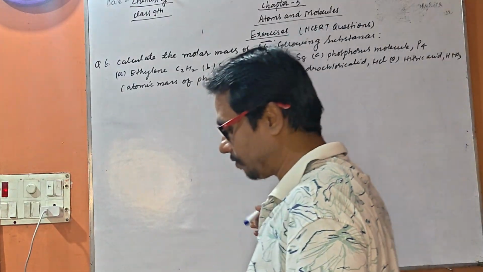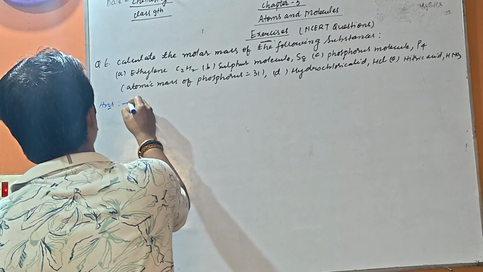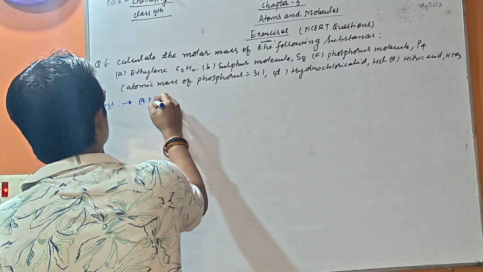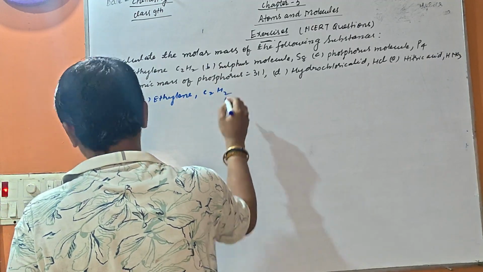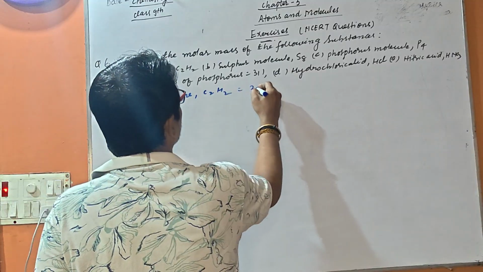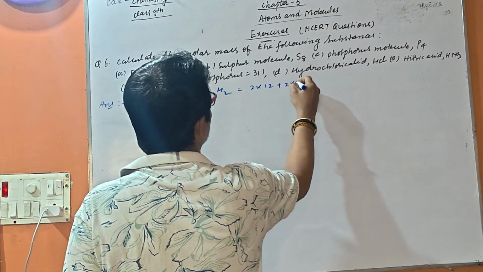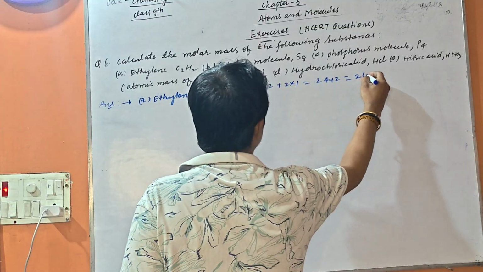Calculate the molar mass of the following substances. We have to calculate the molar mass. So you have to know the atomic mass first of all the substances. In yesterday's video I also told you. C2H2 is equal to 2 into 12 plus 2 into 1, that is 24 plus 2 is equal to 26.